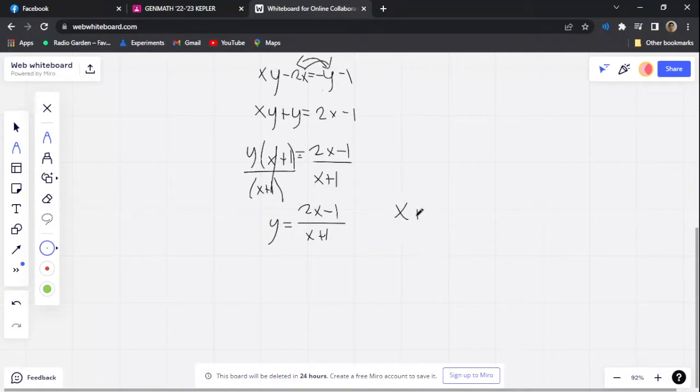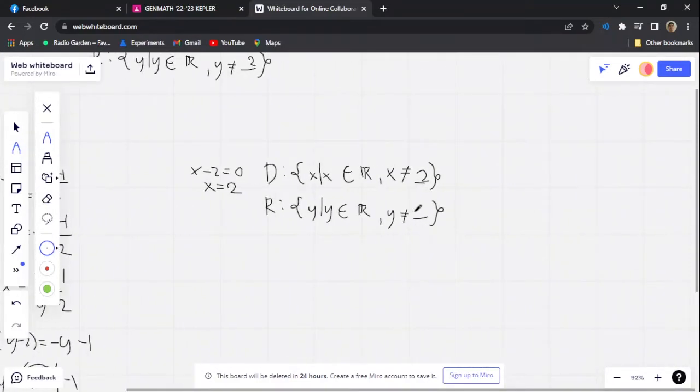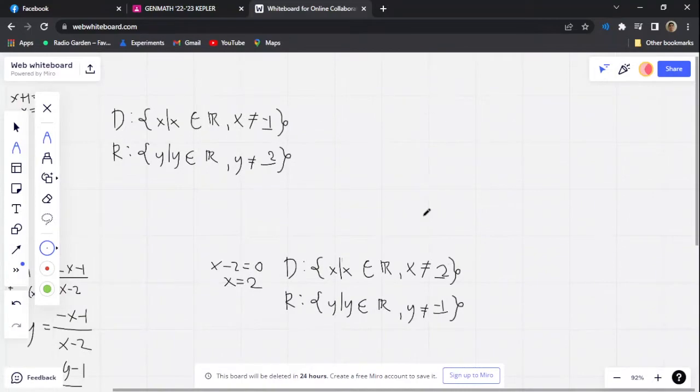So x plus 1 is equal to 0, x is equal to negative 1. So we would have the set of all y such that y is an element of all real numbers wherein y is not equal to negative 1. Right, so what Madam said earlier is correct.